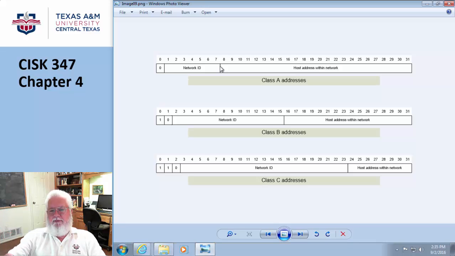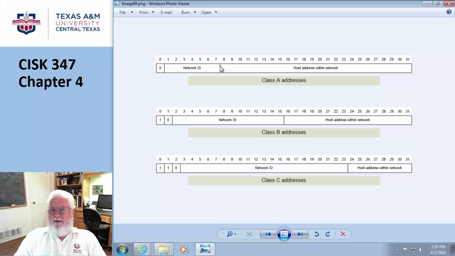That's it. That's the only number. That's the most number of Class A networks I can have. And if you're a purist, that's not mathematically correct, but I'm not going to explain that here. So let's just continue. 128 networks, wink, wink, wink. And then 24 bits left over for the host, which would be 16 million or so hosts.